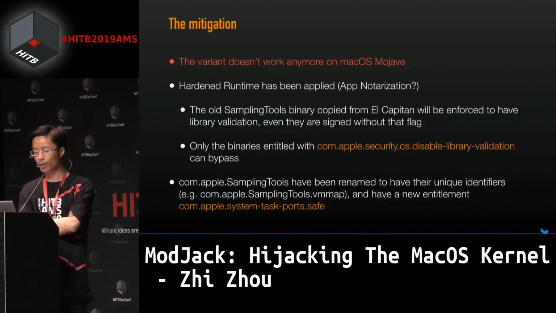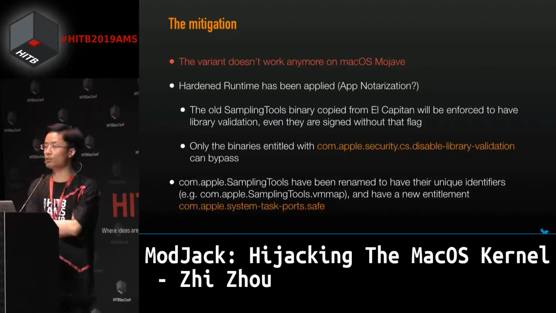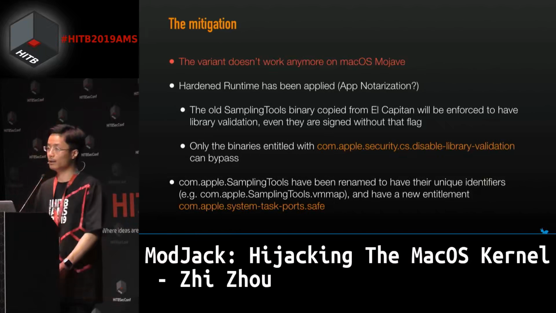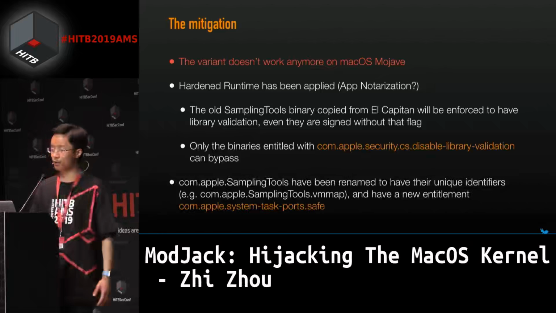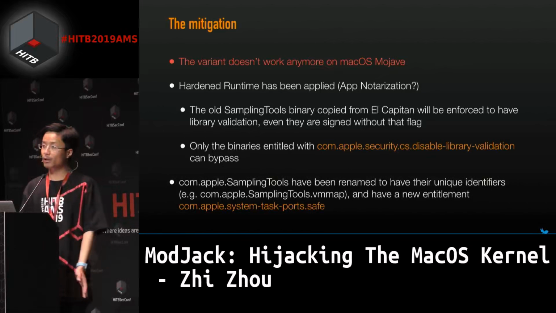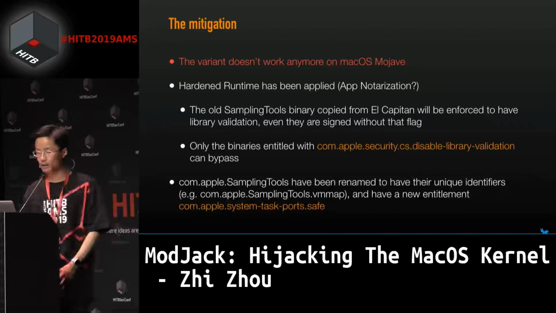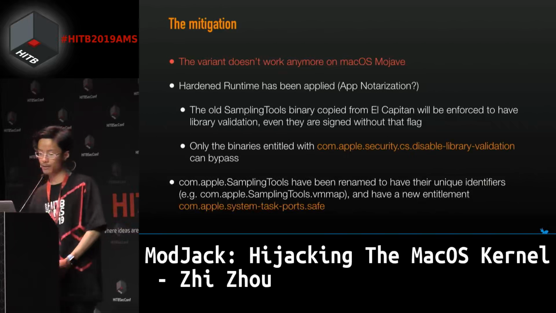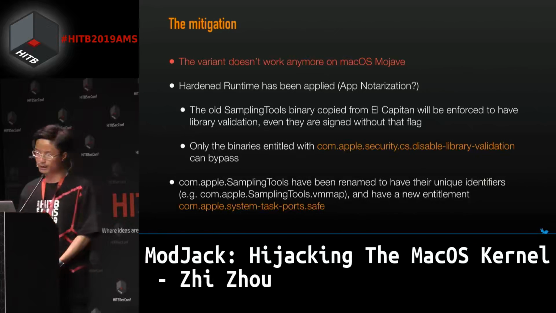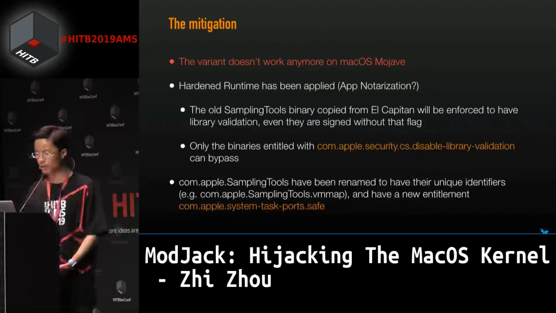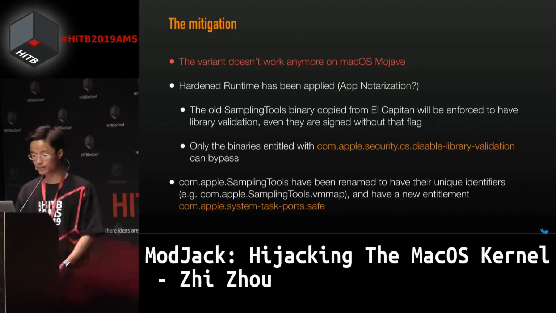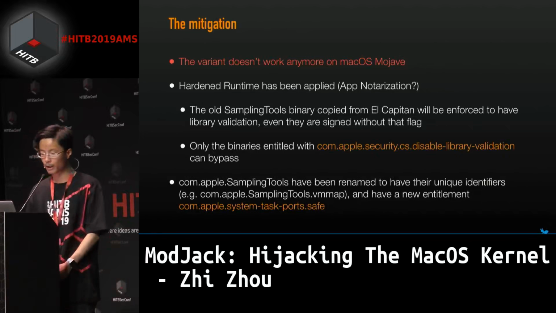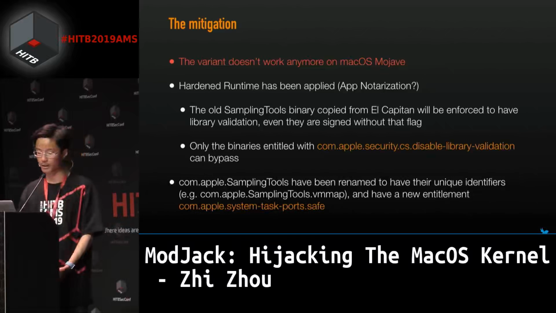And the result is that even if we copy those binaries from El Capitan, where the binary is not signed with library validation, and run it on macOS Mojave, it will act as if it is signed with the flag. Only a binary entitled with another entitlement, com.apple.security.cs.disable-library-validation, can bypass the check.